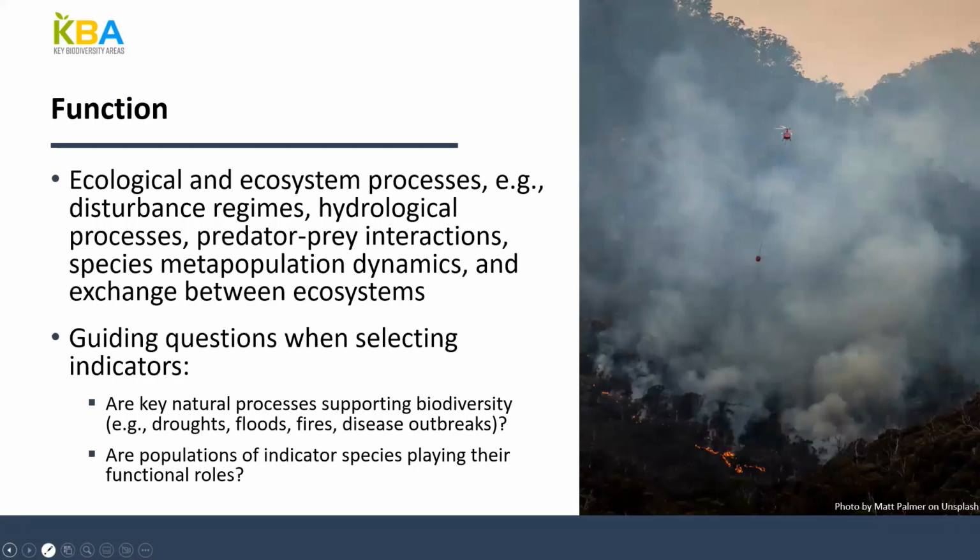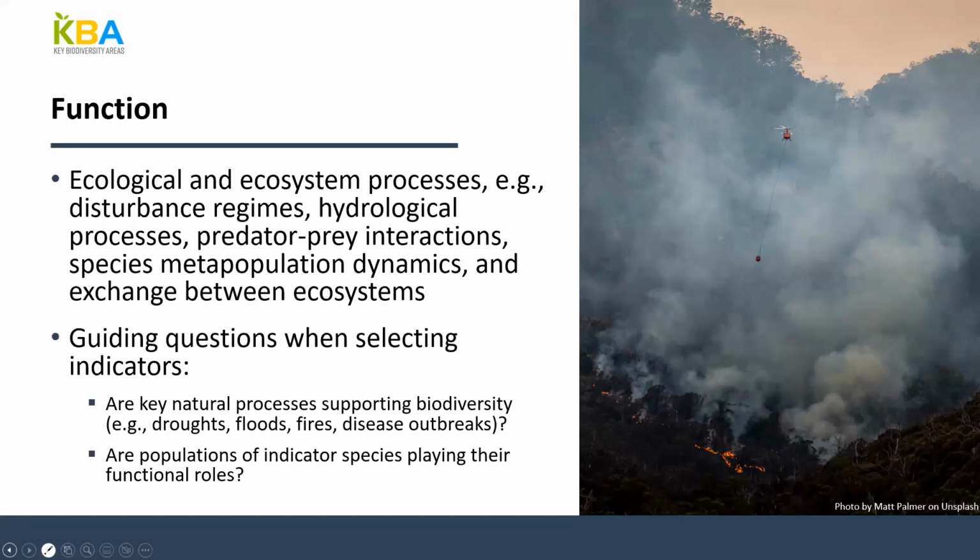And finally, the third component, function, includes the ecological and ecosystem processes. So examples of these processes are predator-prey interactions, hydrological processes, and the species metapopulation dynamics, and so on.